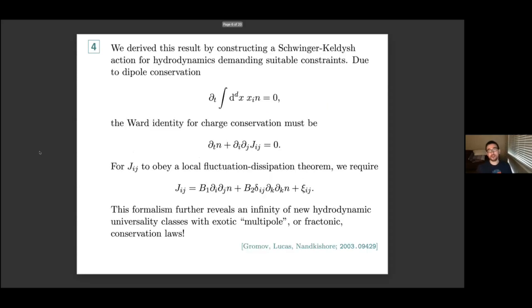All right, so where is this coming from? It's actually not quite as obvious as you might think at first glance that adding dipole conservation will lead to this fourth order subdiffusion equation.